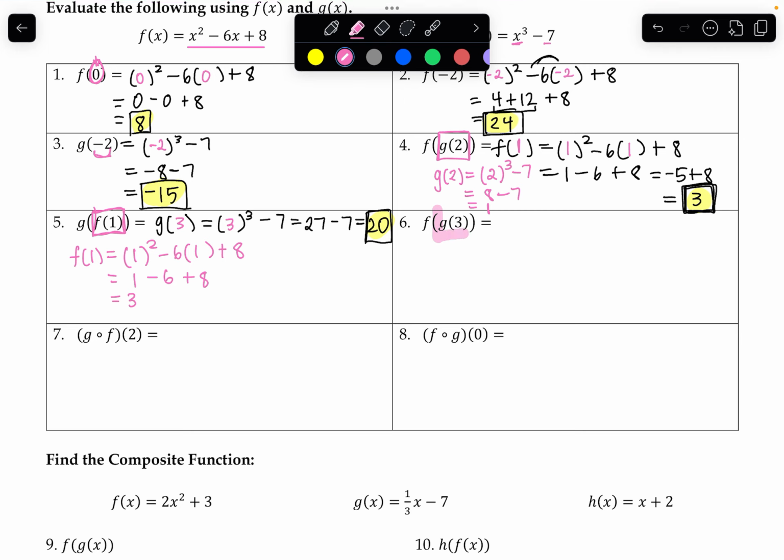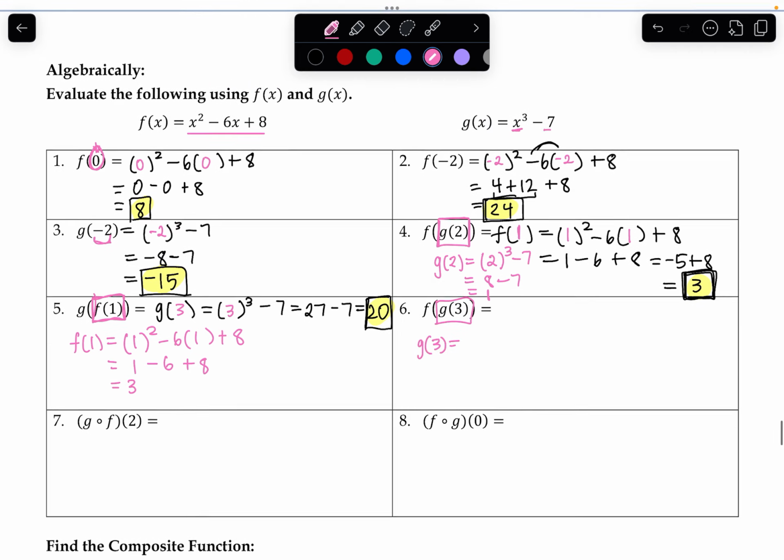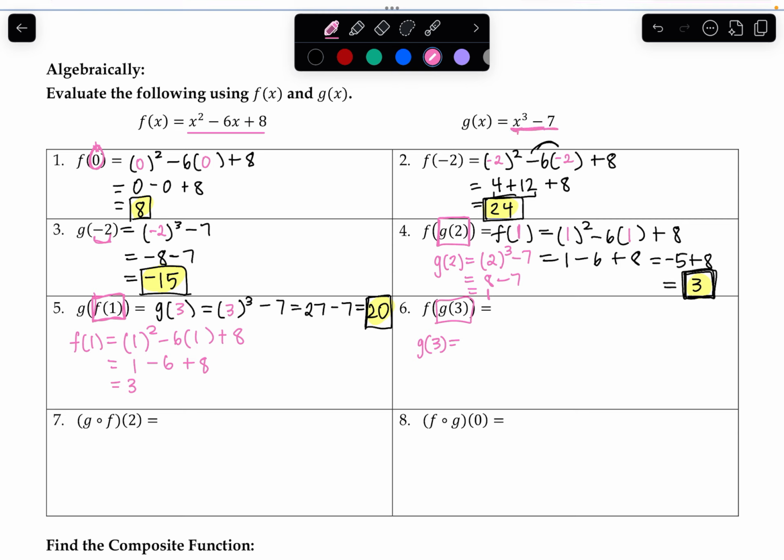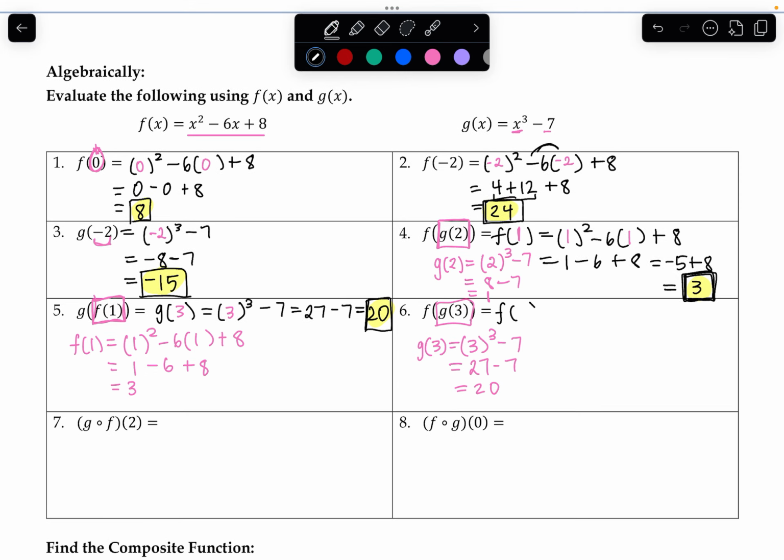Number 6, we need to figure out what g of 3 is first. Get the rule for g, which is x cubed minus 7. And our x is 3. 3 cubed is 27, minus 7 is 20. We just figured that out earlier. So this problem becomes f of 20.